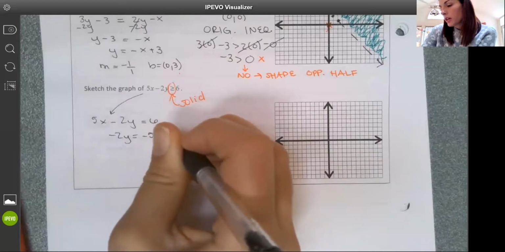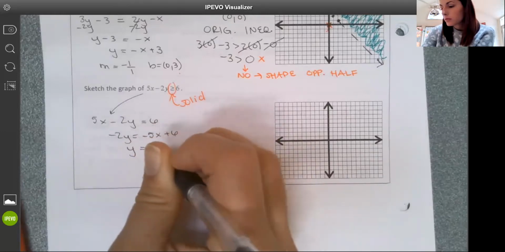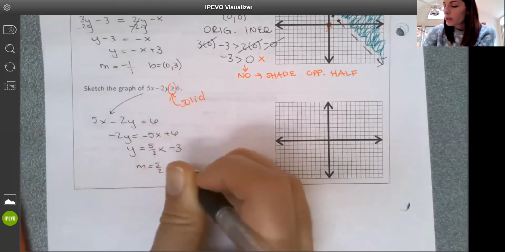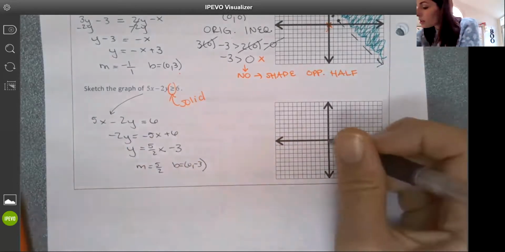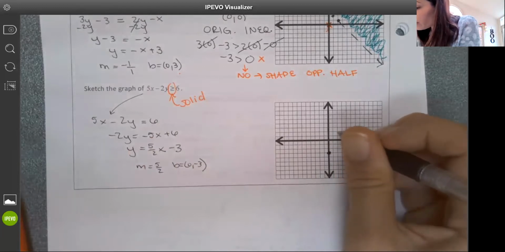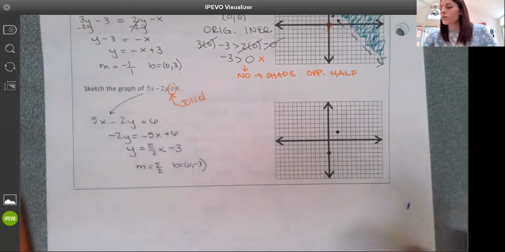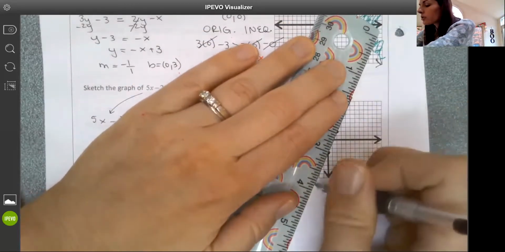And I'm going to rewrite that equation in y equals. Then I know I have a slope of 5/2 and a y-intercept at -3. So I go to (0, -3), rise over run of 5/2. Because of the type of inequality it is, I know to draw in a solid line, so all the points on that line are also solutions.